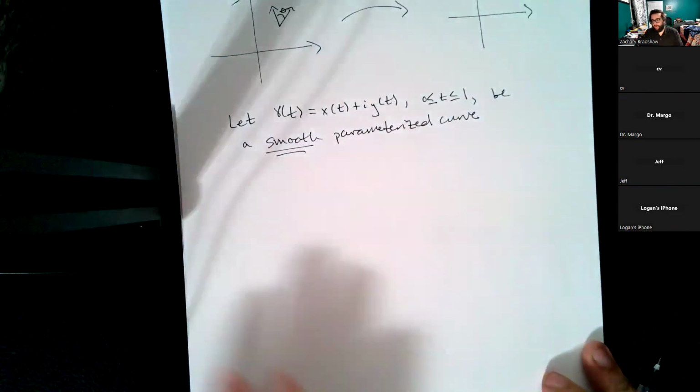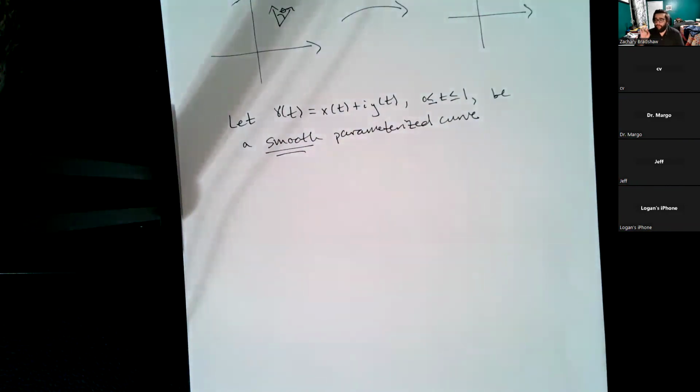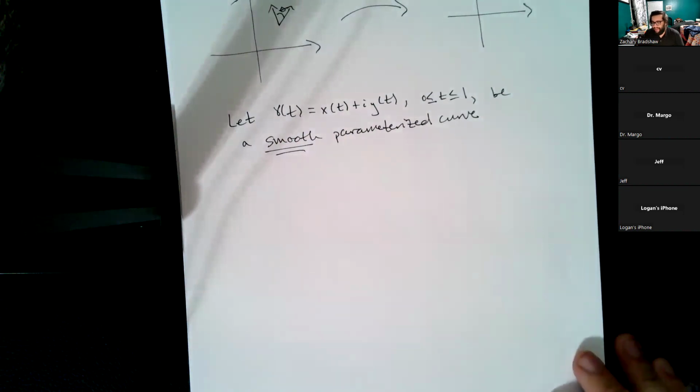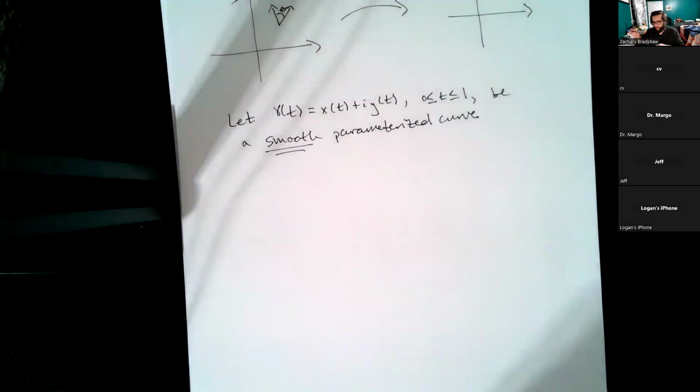So keyword here, smooth. I want to be able to take whatever derivatives I want. I don't really need smoothness. I need only derivatives up to a certain order, right? But let's just assume smoothness for now. I'll state what orders I need later on if I think it's pertinent. Okay.